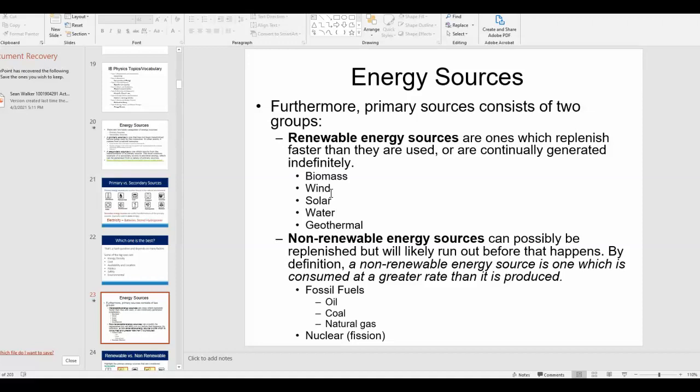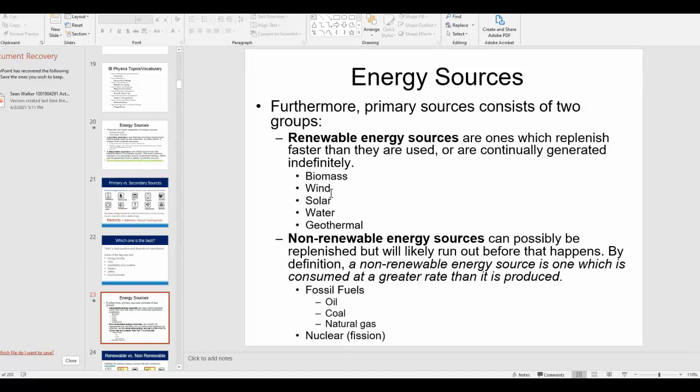There's really two ways to think about solar energy, either photovoltaic cells or solar heating panels. But either way, it's still considered a renewable energy source. And then water, you could have anything from like a water wheel to like a dam or a hydroelectric plant, stuff like that.